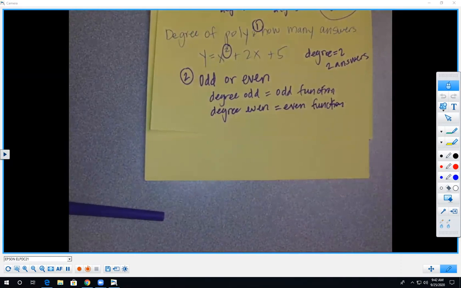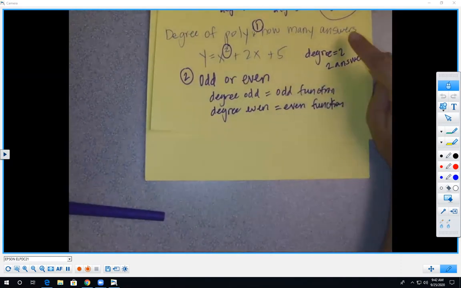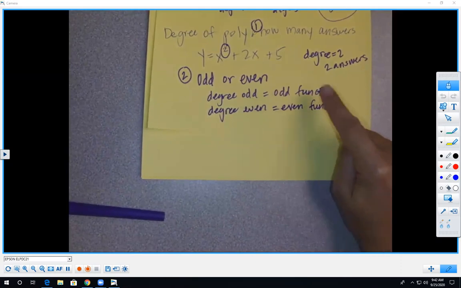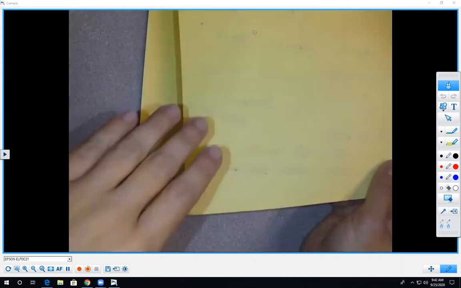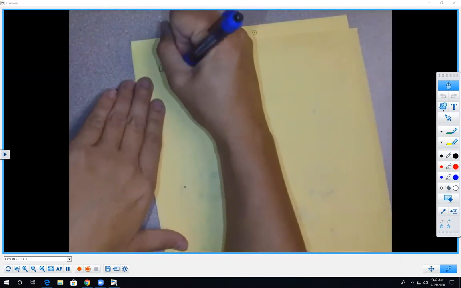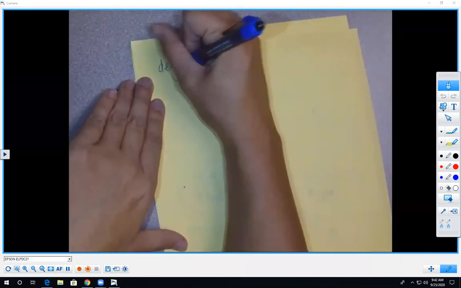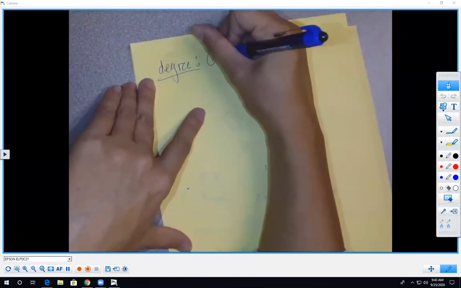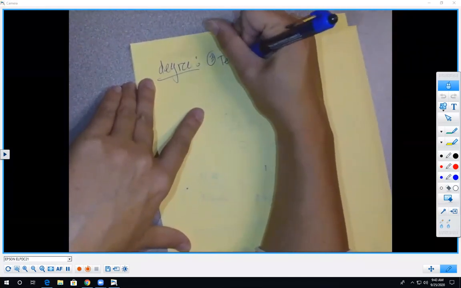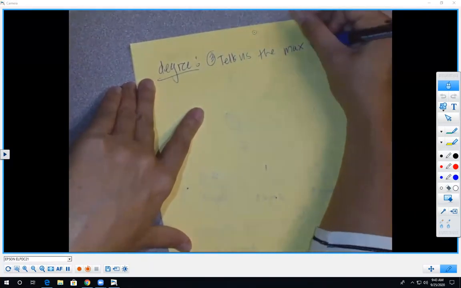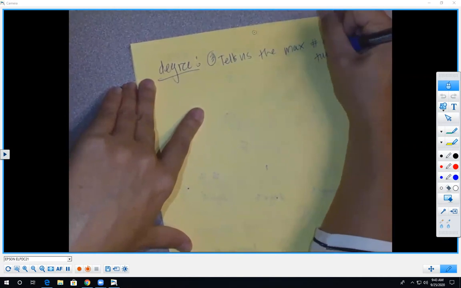Okay, so it tells us 3 things. The first thing it tells us is how many answers we have. The second thing it tells us is if it's odd or even. The third thing the degree tells us is the maximum number of terms.